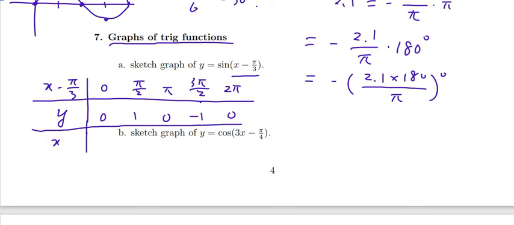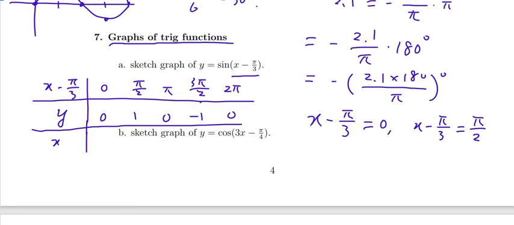Then what we need is just to find the x value. We just solve some equations. When this equals 0, what is x? When this equals pi over 2, what is x?